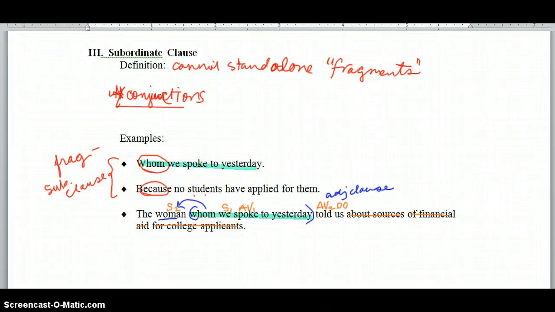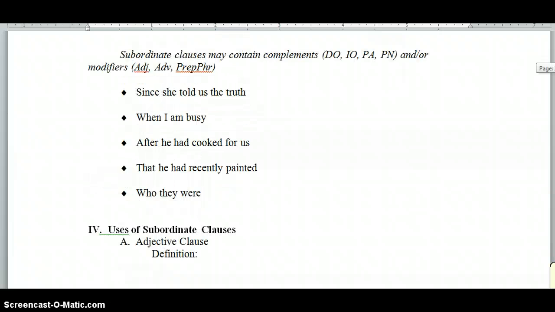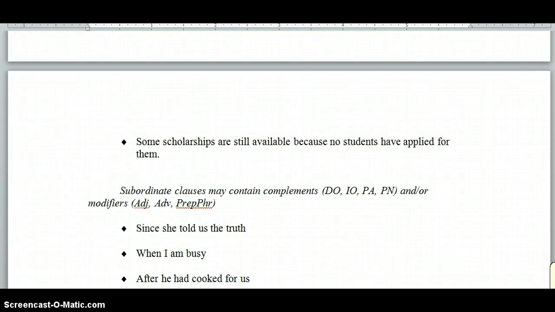Now this next one: some scholarships are available because no students have applied for them. There is our subordinate clause from before, and this time we have are, here's our linking verb. Who or what are? Scholarships are. They are what? Available, predicate adjective. No students have applied, here's an action verb. Who or what have applied?